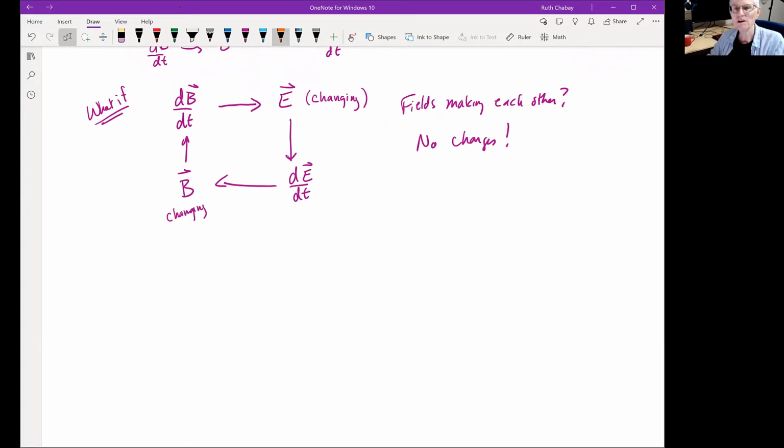And it turns out the key is that the region where these fields are non-zero has to move through space. So this whole thing has to have some kind of velocity. And so we're going to use Maxwell's equations to show that this is actually legitimate.